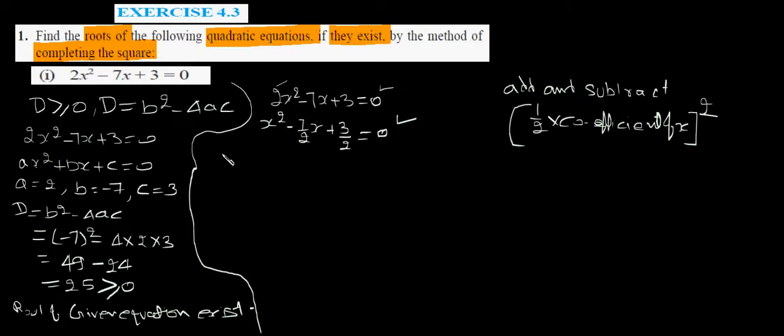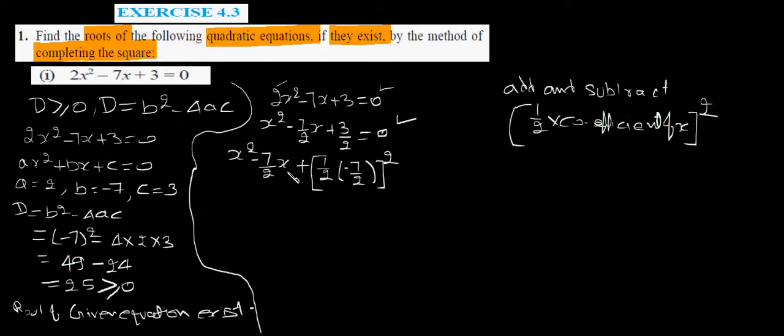It will look like this. x square will be as it is, minus 7 by 2 x will again be as it is, right? Now I will add 1 by 2 into minus 7 by 2, because this is the coefficient of x, its square.